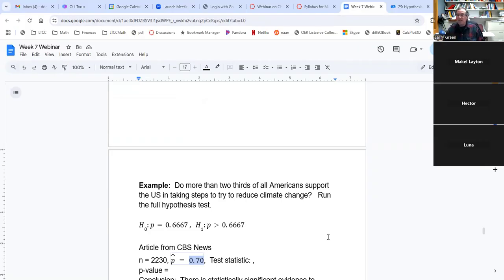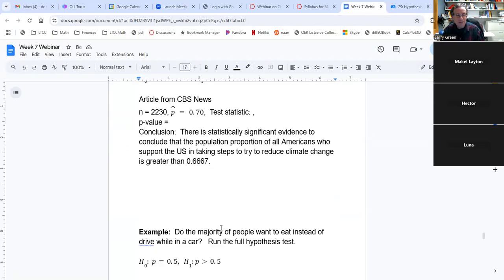Any questions on that? This is real data, by the way. Okay, I'm not making anything up. This is news. And that's what I love about this class, that I can easily find real stuff. And there are so many important examples. Okay, it's all over the place. Any questions at all on this example?